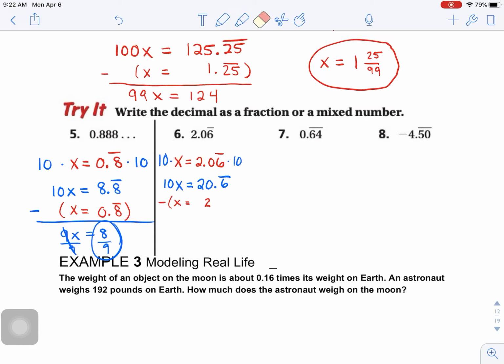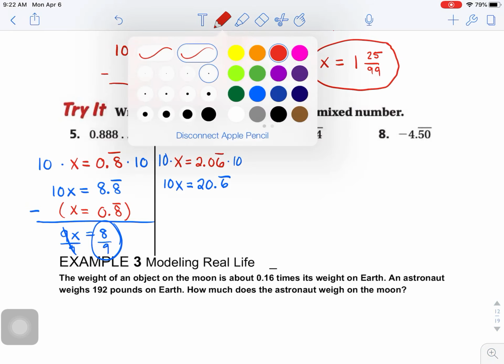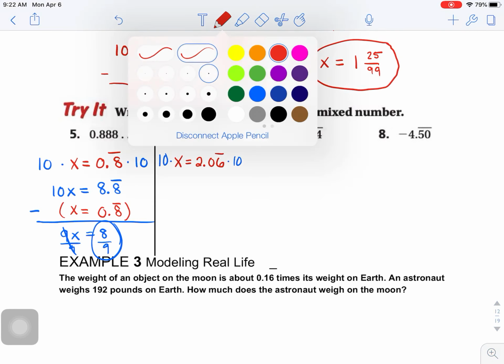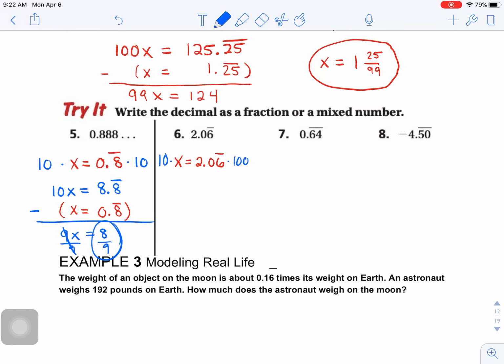Actually, I lied on this one, guys. Let's go back. I need to multiply this by 100, because there are two decimal spots. That's going to make it easier, so let's do that instead. Multiply by 100, so I have 100x equals 206.6 repeating.